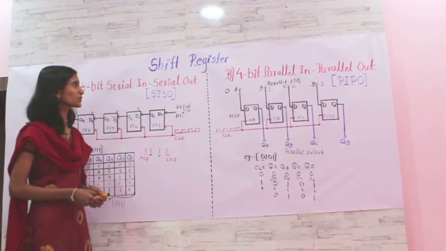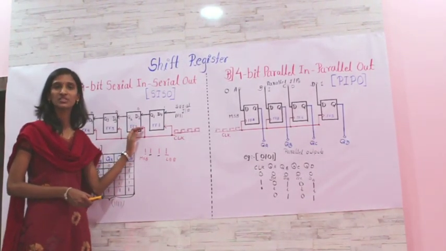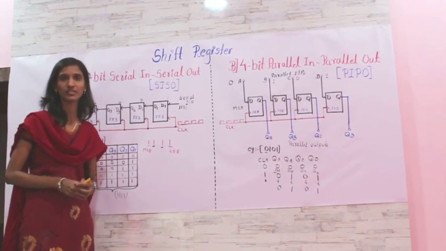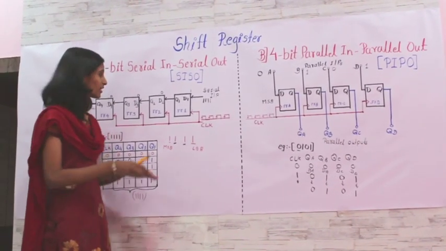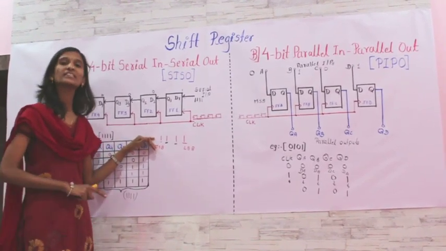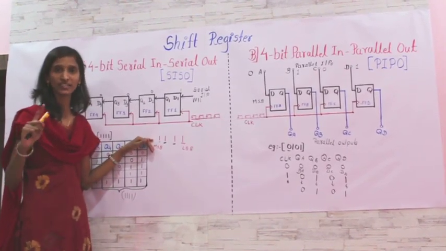The main difference between the 4-bit serial in serial out shift register and the 4-bit parallel in parallel out shift register is that while transferring data in the SISO, the number of bits requires that number of gate pulses.